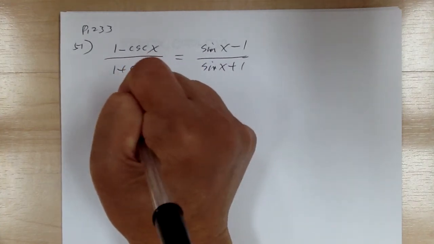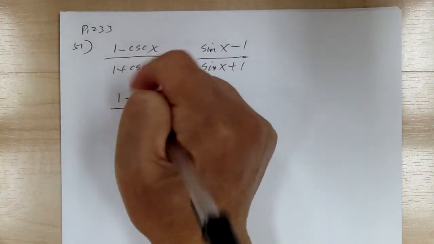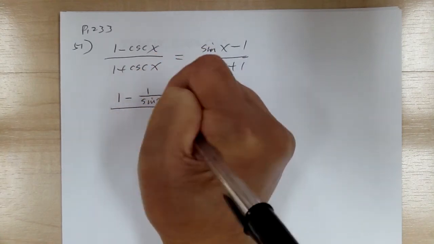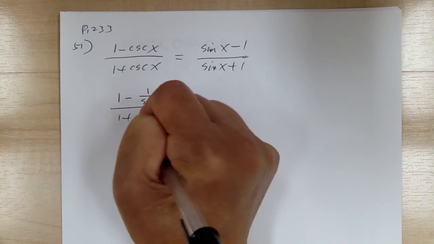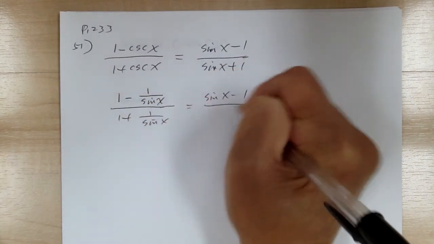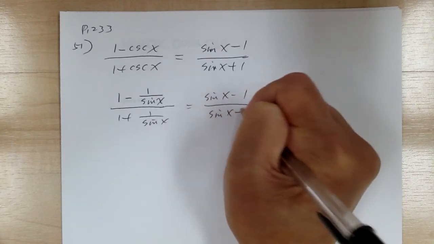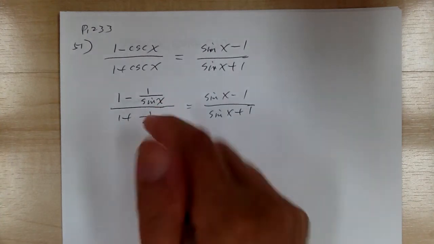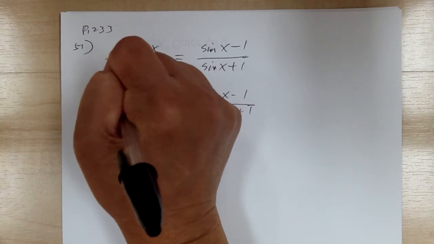So you're going to get 1 minus, okay, cosecant is 1 over sine. Okay, so you have a complex fraction. To simplify a complex fraction, you multiply everything by the common denominator. So the common denominator is sine. So multiply every term by sine.